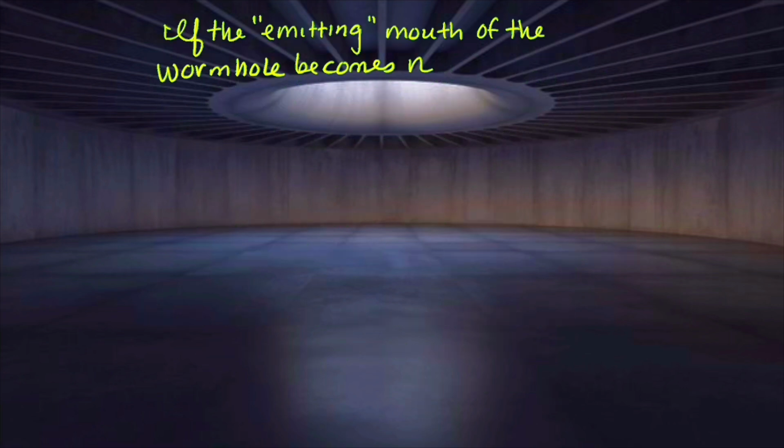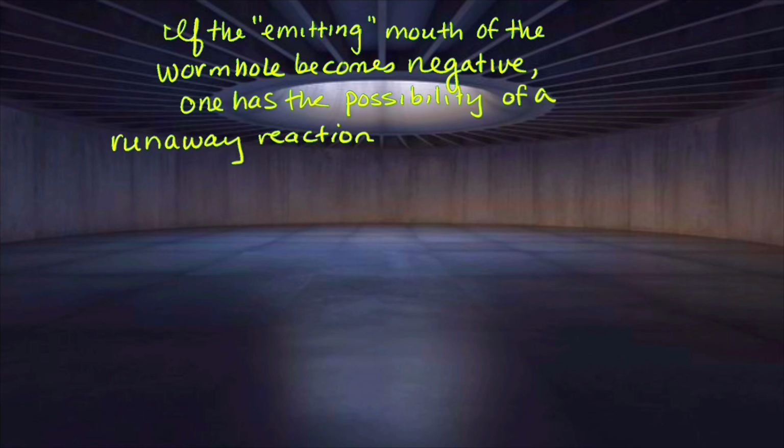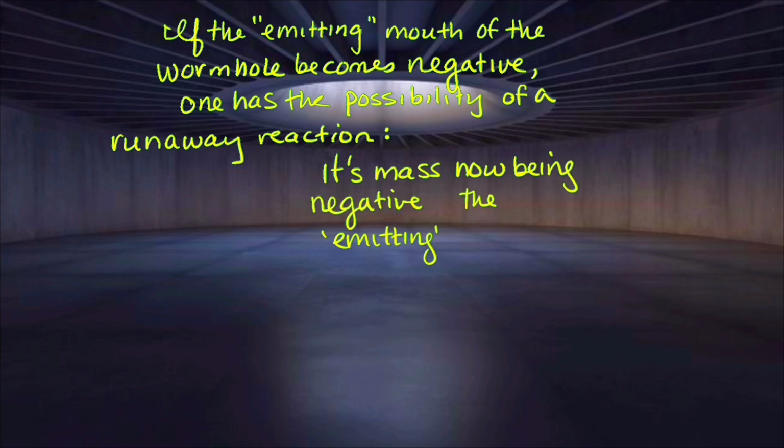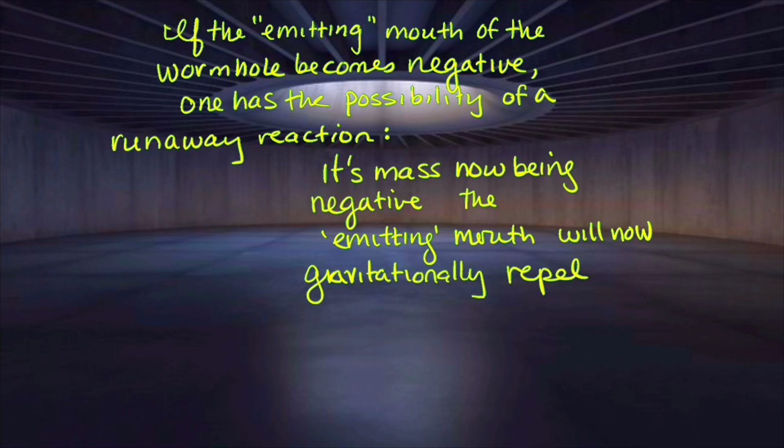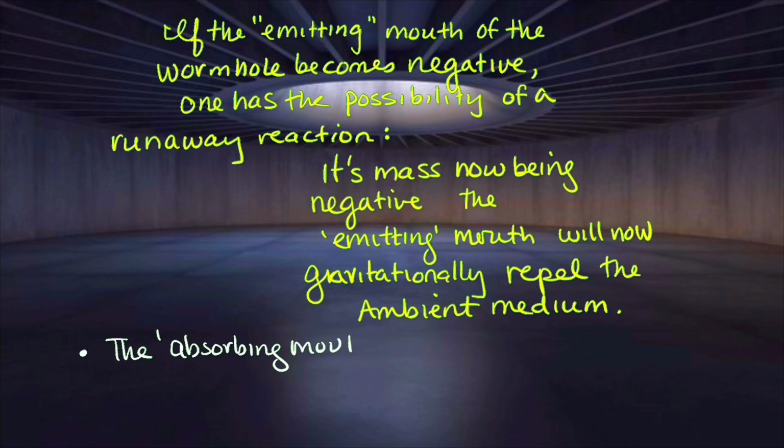If the emitting mouth of the wormhole becomes negative, one has the possibility of a runaway reaction. That is, its mass now being negative, the emitting mouth will gravitationally repel the ambient medium.